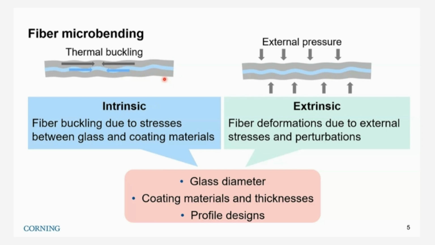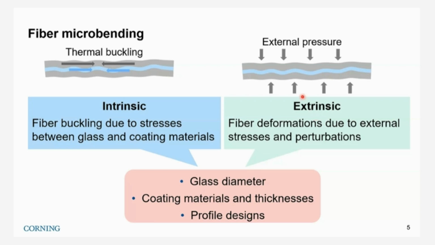They have different thermal expansion coefficients. So if the stress is too high on the glass, the fiber can be buckled. This is not due to the external forces, just due to the fiber structure itself. So we call this intrinsic microbending.